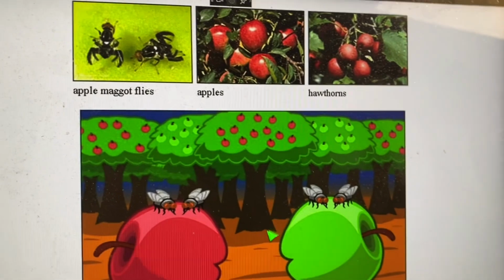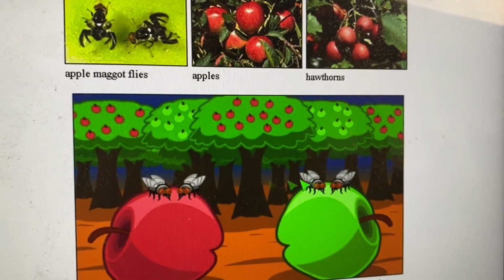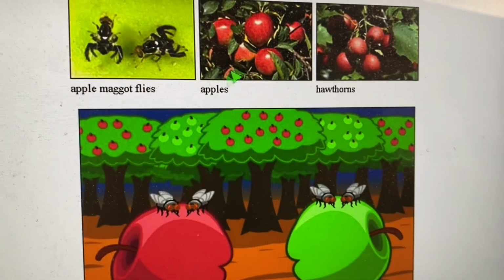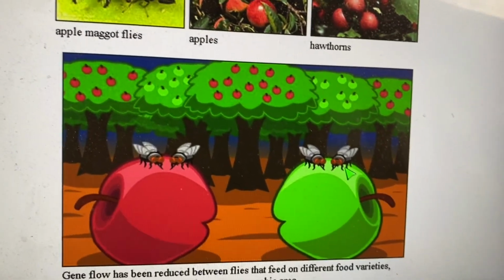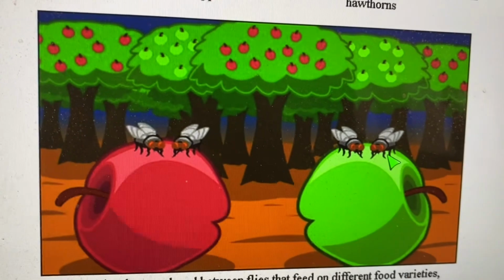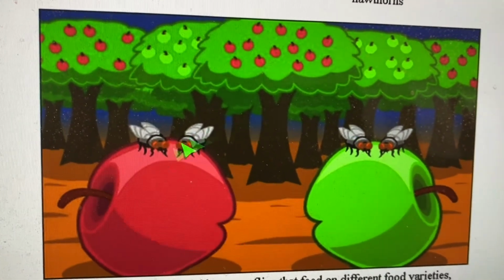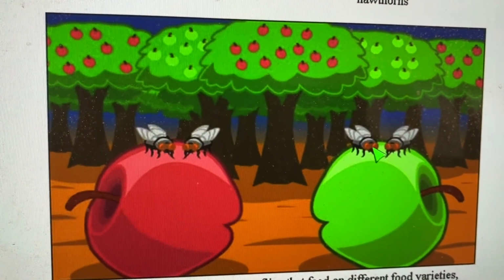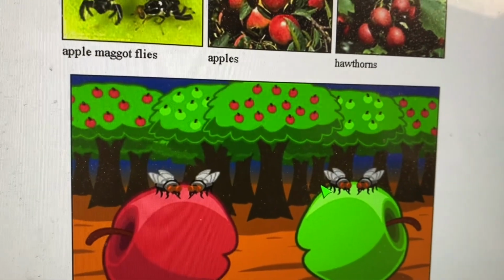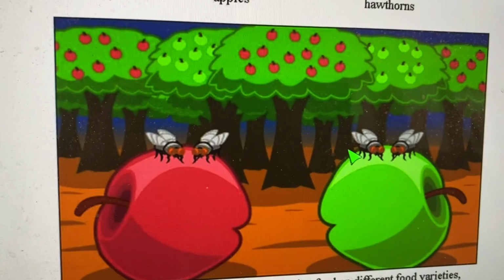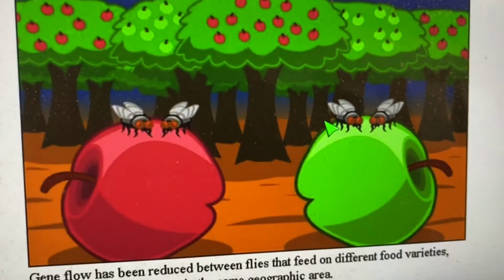One species only lays its eggs on apples, and one only lays its eggs on hawthorns, and never the twain shall meet, because they are separated by time. They can't mate with each other because they are only around at different times. Hopefully that makes sense. 400 years ago, there were no apple maggot flies. They are derived from hawthorn flies through natural selection.